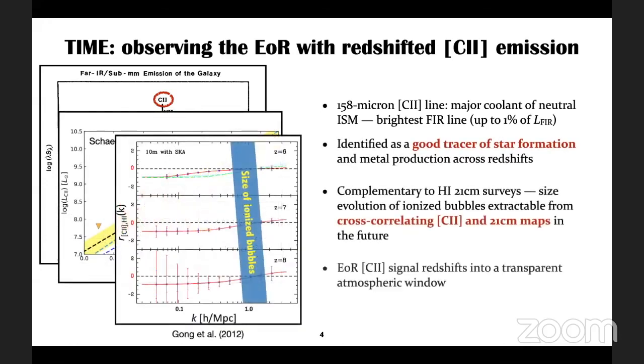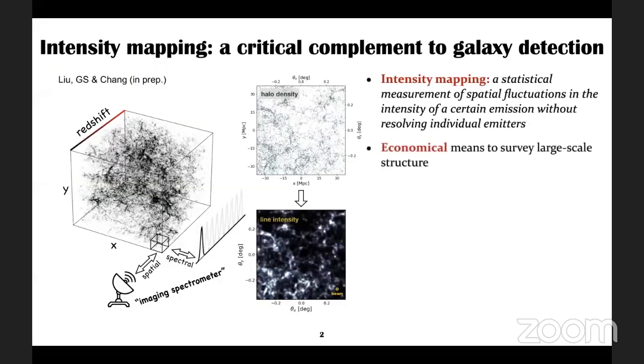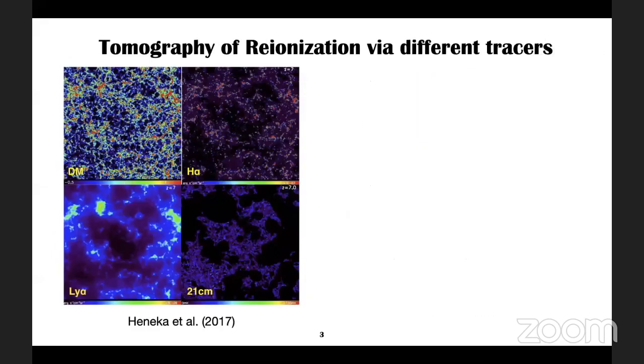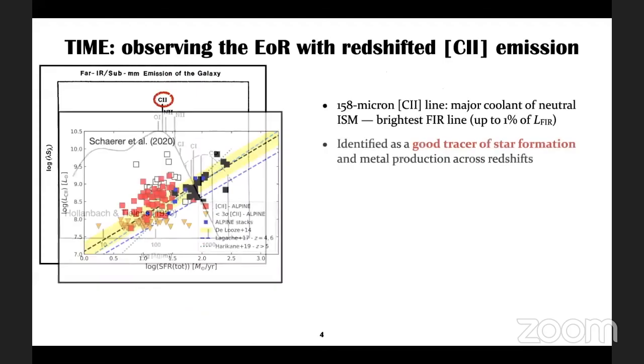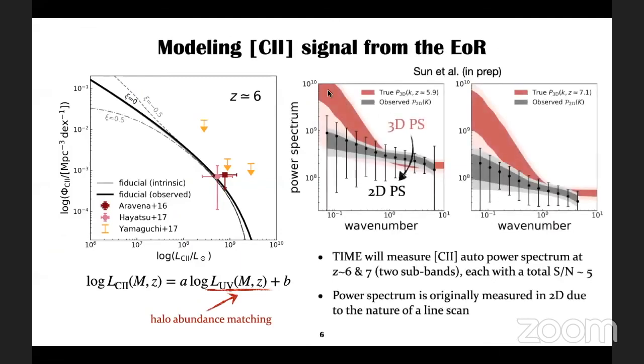Right, so the [CII]-SFR relation will mostly affect the shape of the power spectrum. The exact slope and the intercept of this relation will have a strong effect on the exact shape of the [CII] power spectrum that we see.